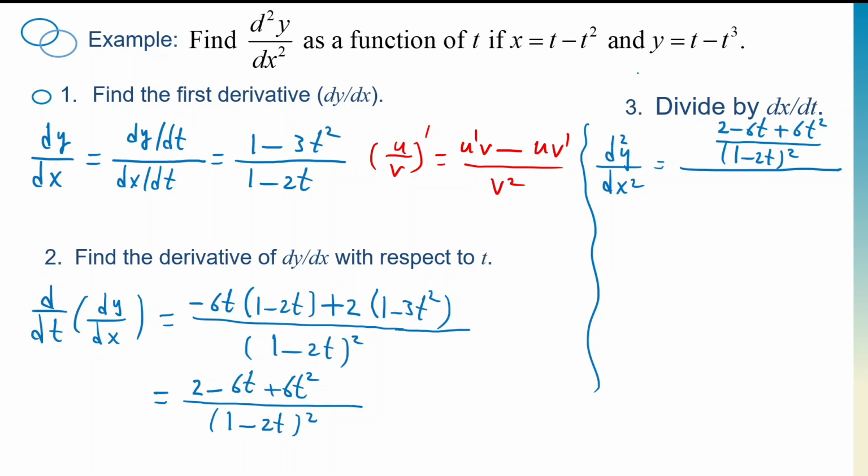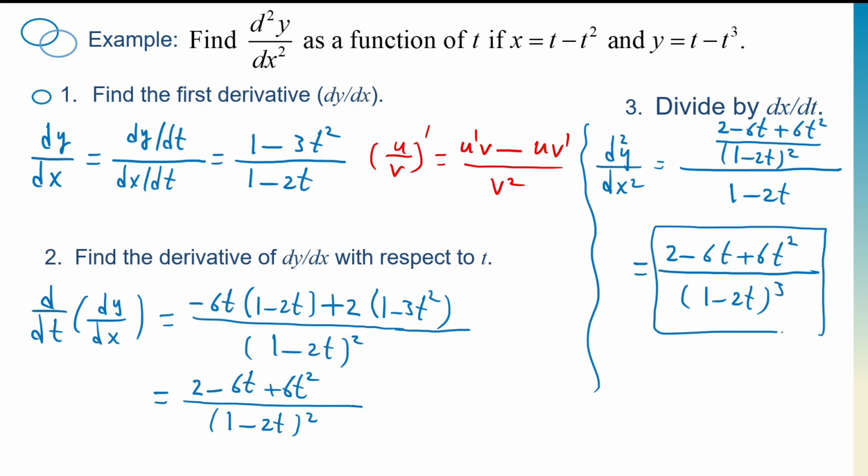I'll divide this by dx over dt. Notice what's dx over dt? It's again 1 minus 2t. Now, a denominator divided by another denominator, so I'll multiply them. So this equals 2 minus 6t plus 6t squared divided by 1 minus 2t to the power of 3. And this is the second derivative.